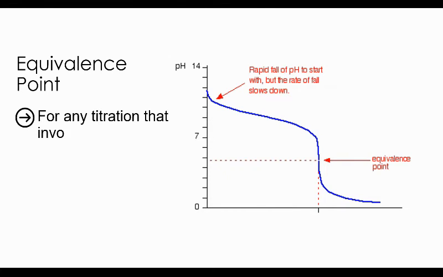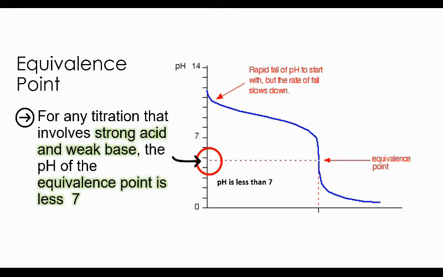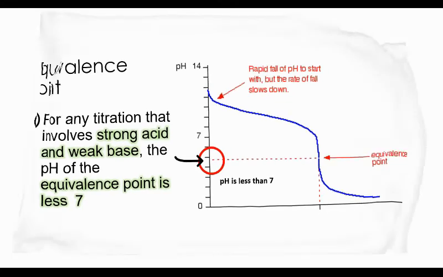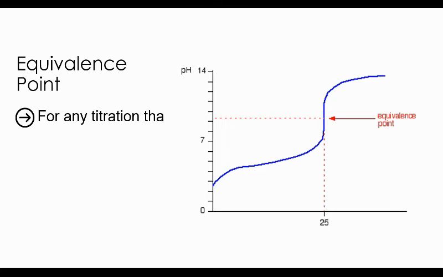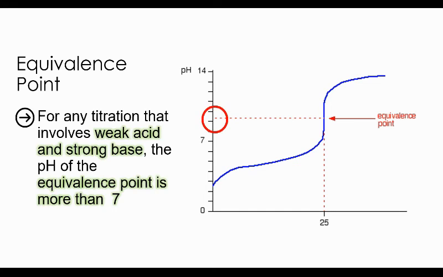In the titration that involves strong acid and weak base, the pH of the equivalence point is less than 7. And lastly, the equivalence point that involves the titration between weak acid and strong base, the pH of the equivalence point is more than 7.